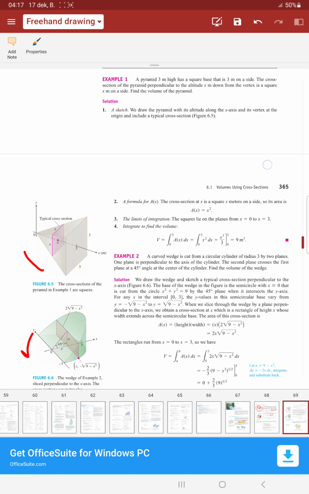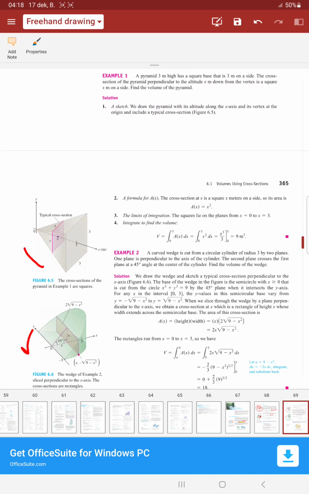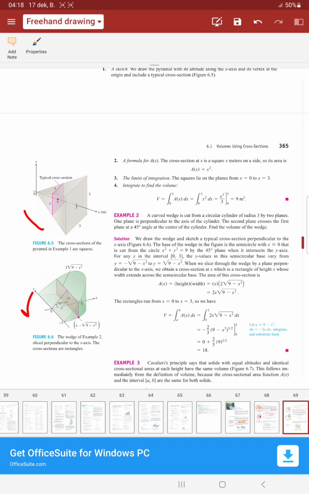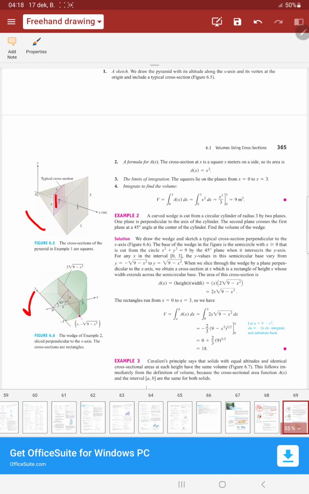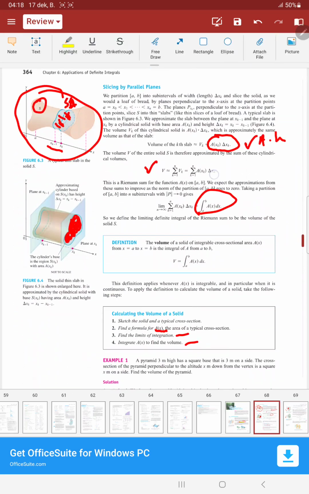Okay, cool. So what was our first mission? It is to sketch that cross section, to see that square there. And the formula, of course, we said the formula means the area of that cross section. The area of a square is x squared, obviously, and y from 0 to 3, because let's see this example in here.